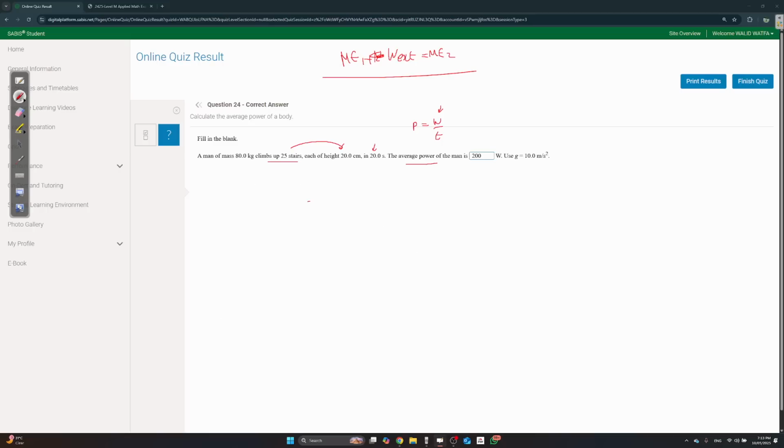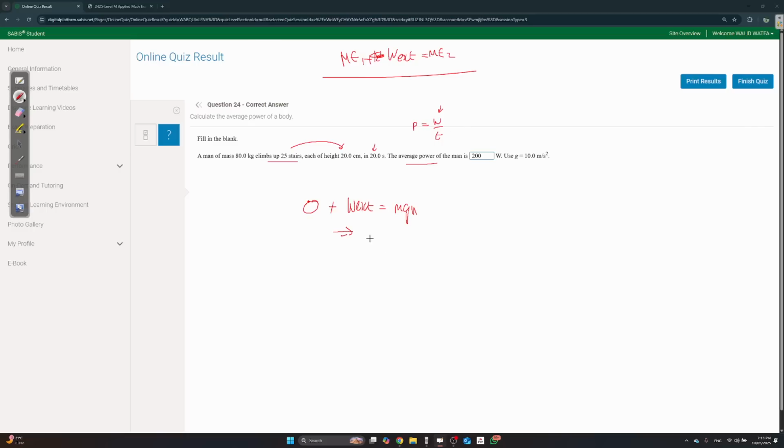ME1, initially he's at the zero point and he's at rest. So his initial kinetic energy and potential energy will be 0. So ME1 is equal to 0. Work external equals ME2. What's the final mechanical energy? Again, he's just going up a height. It's not saying he's running at any speed. So his mechanical energy will have 0 kinetic energy, but it will be composed of potential energy. What's the potential energy? mgh, right?